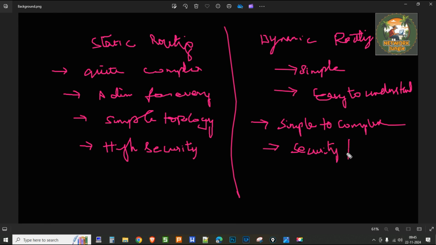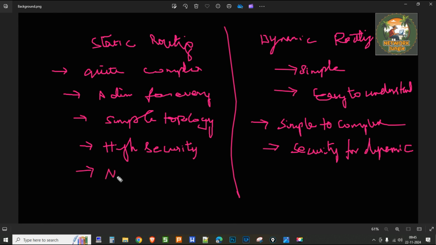So security is higher in static routing, but dynamic routing protocol has less security. If any new user adds a topology, then it automatically goes to the other routers to communicate the LAN networks.